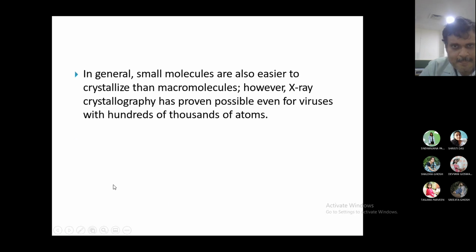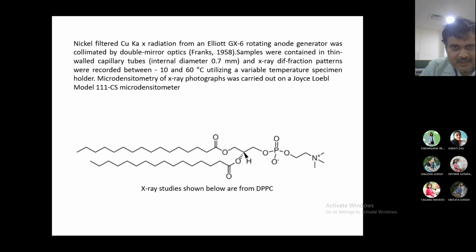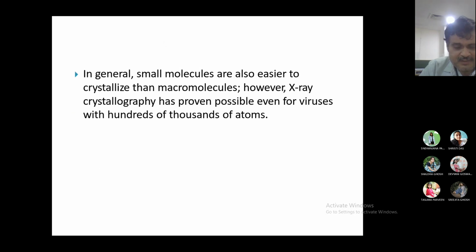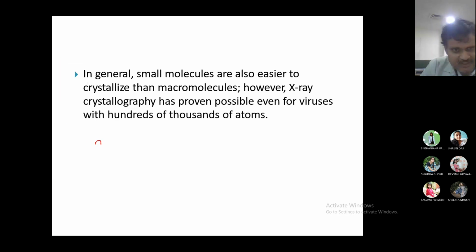Okay. So this part is over. Now we are coming to lipid crystallography. As we said in the previous section, in the case of protein, we can make the solution, dry it up in the chamber, and as the protein precipitates, it may form a crystalline structure.